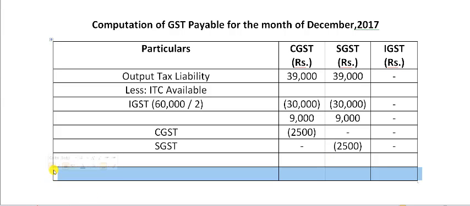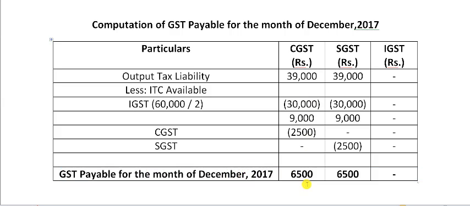So let's move on. What will be the GST payable for the month of December 2017? It is 6,500 and 6,500. 39,000 was the output tax liability under CGST and SGST respectively. 30,000 each we claimed under IGST. 9,000 remained.